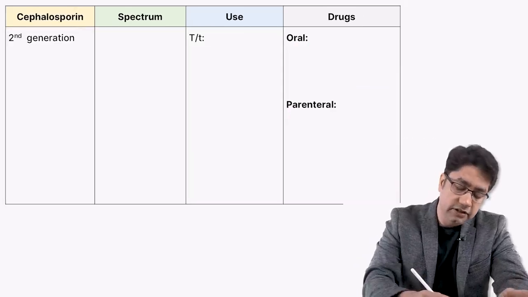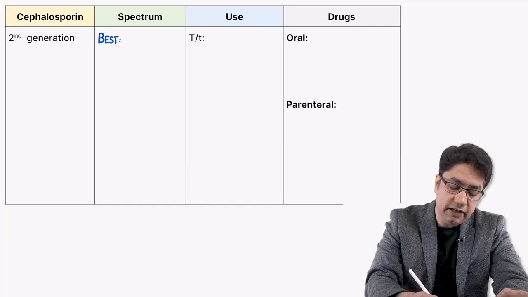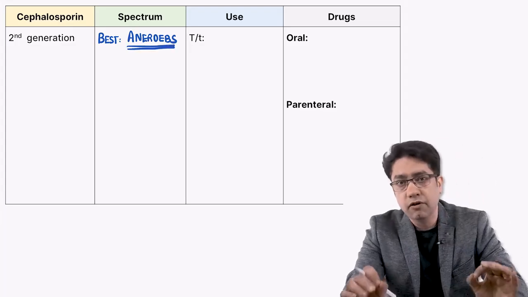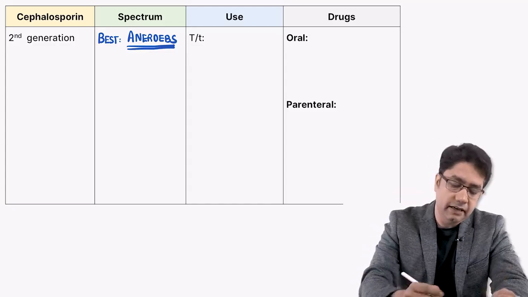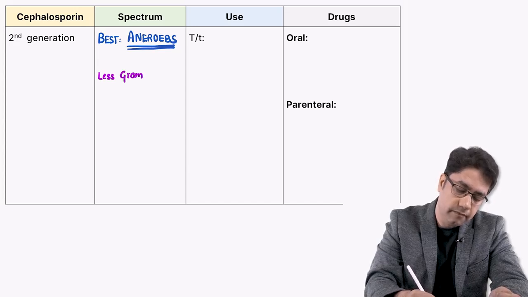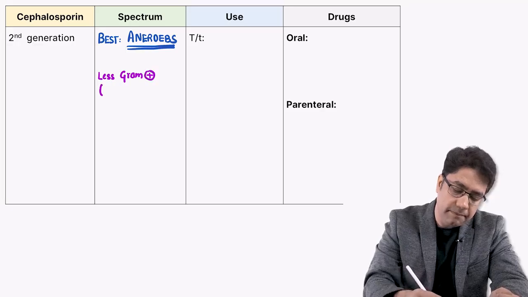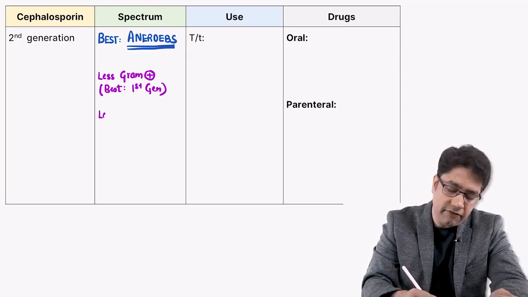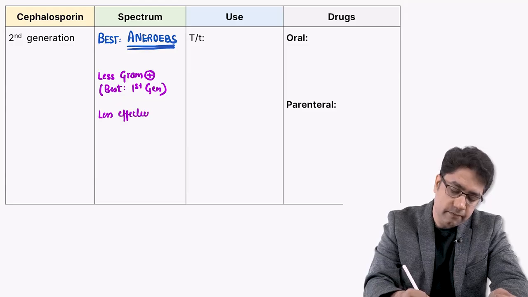Now let's talk about second generation cephalosporins. They have the best activity against anaerobic bacteria. Anaerobes are those which are not dependent upon oxygen for their growth. Now, what about gram-positive and gram-negative bacteria? They are less effective against gram-positive. Remember, the best drug against gram-positive is first generation cephalosporin. Second, they are also less effective against gram-negative.